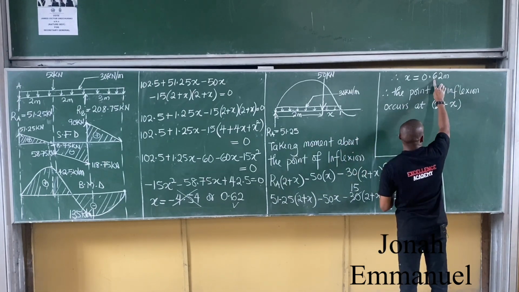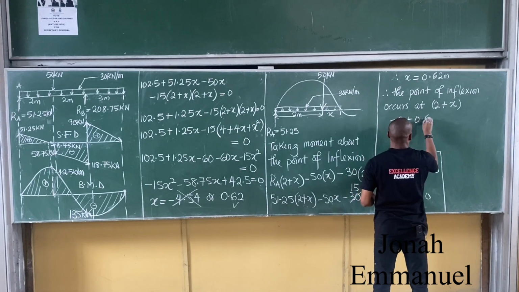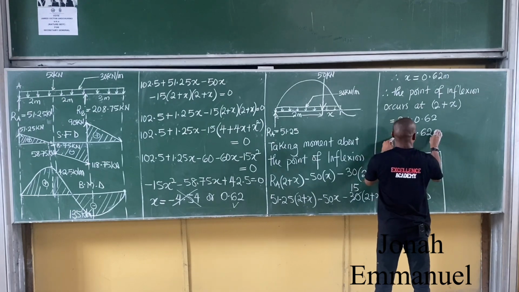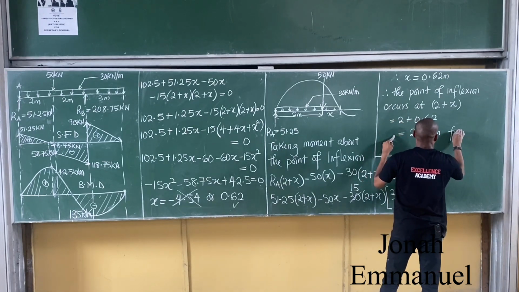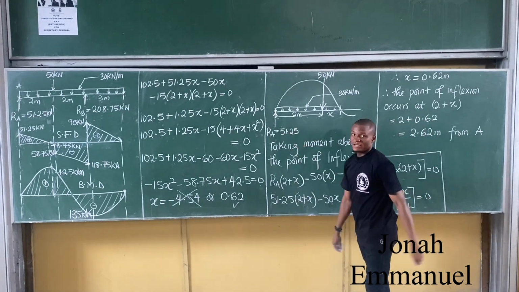Well, x is 0.62, and that's equal to 2.62 meters. From where there? From A, this point. That's the answer, please.